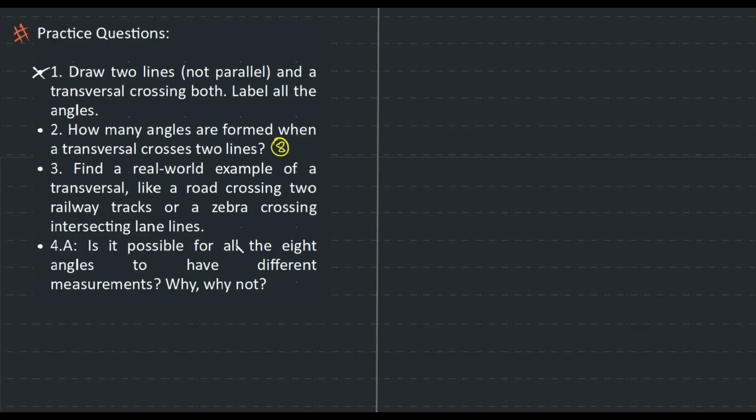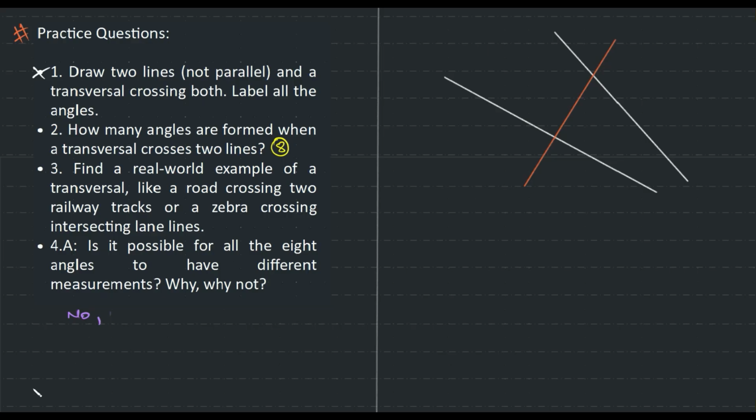Is it possible for all the 8 angles to have a different measure? Why or why not? Yeah, this is a good technical question. For this, I'll draw it over here. We have line 1 and some random line 2. And this is your transversal line. Now, they're asking, can all these angles be different? Answer is no. But why no?